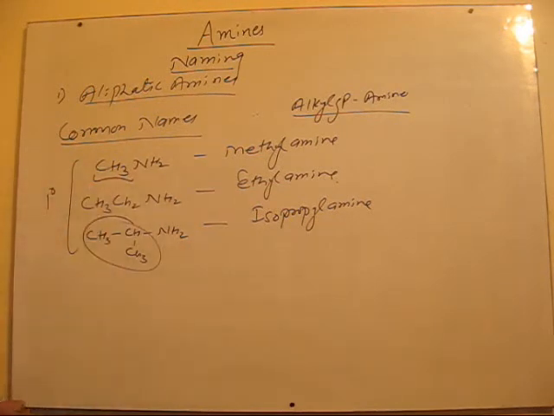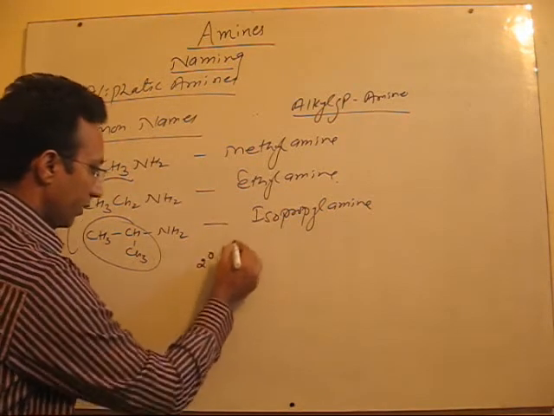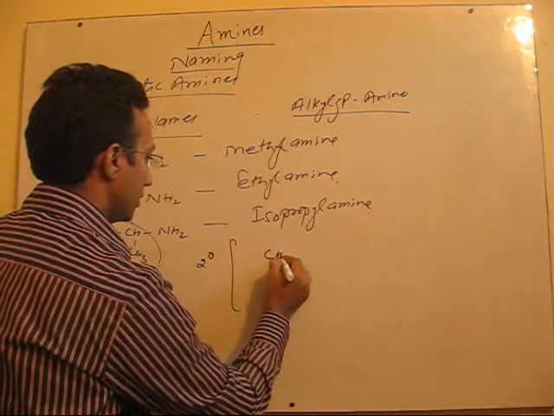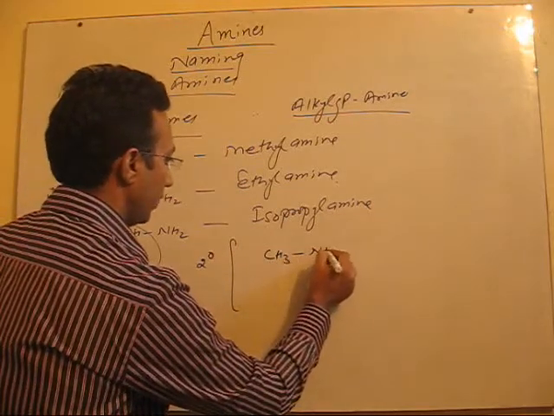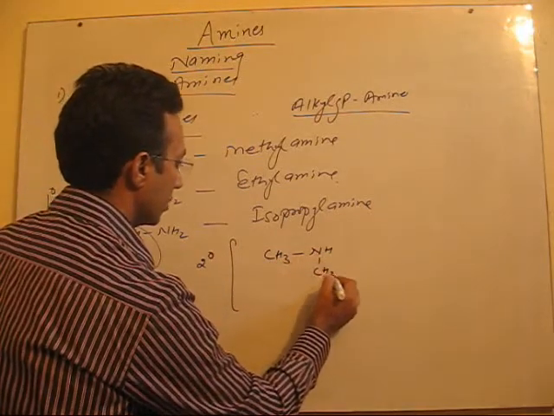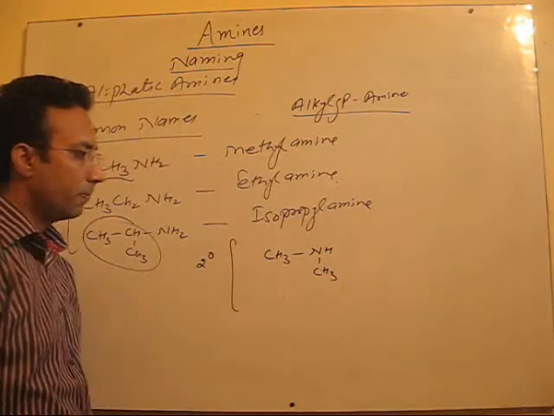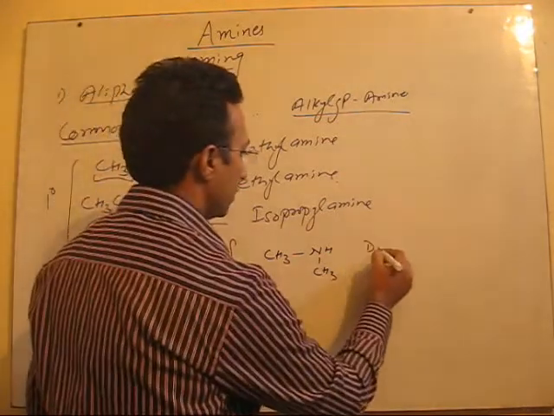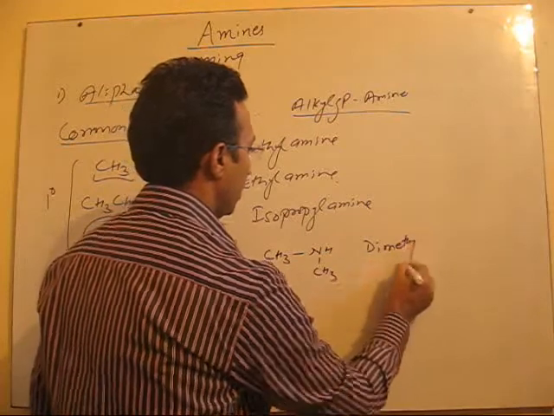Now let me take the common name of the secondary amine. Among secondary, I'll take one example, CH3NHCH3. Suppose the two groups are the same, so the name is simple, it is dimethylamine.